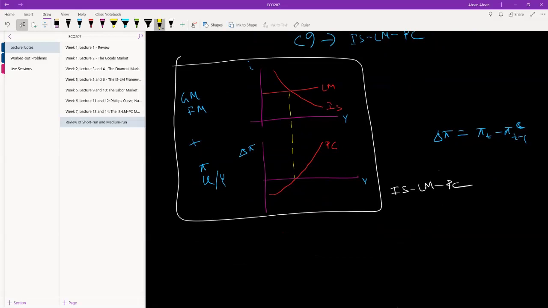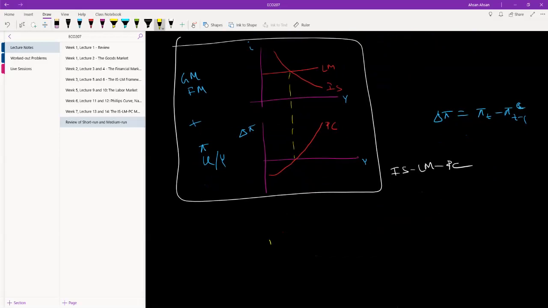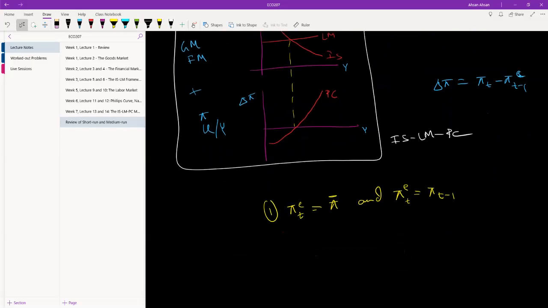So, important things from this chapter. Understanding the difference between this and this. This is very important because, all right, think about it. If we are in this scenario where our expectation of inflation is formed around a fixed level, so suppose this is 3%, okay?